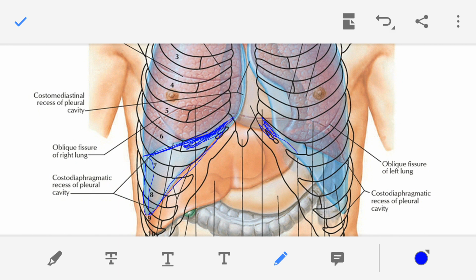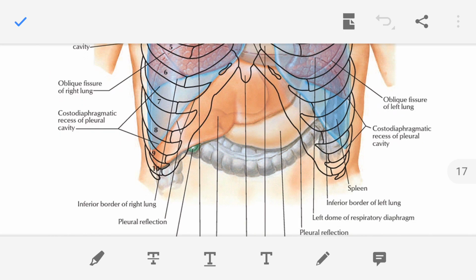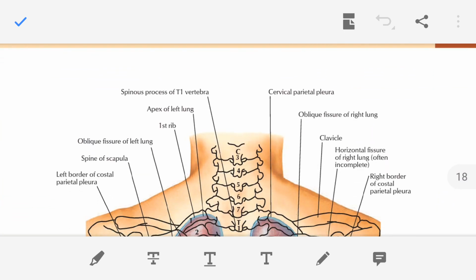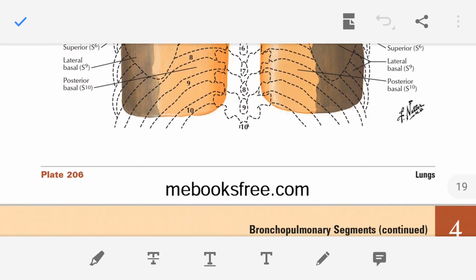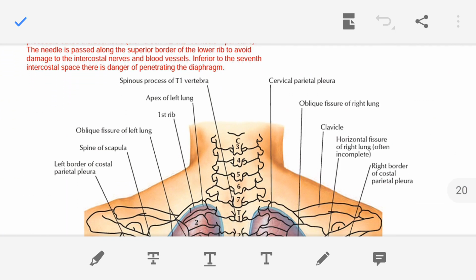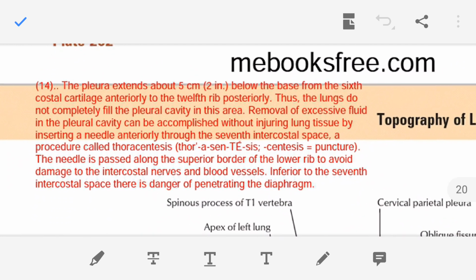So we can say on the anterior surface the pleura is extending a few inches from the sixth costal cartilage. And on the back side, in the posterior view, where is this pleura extending?